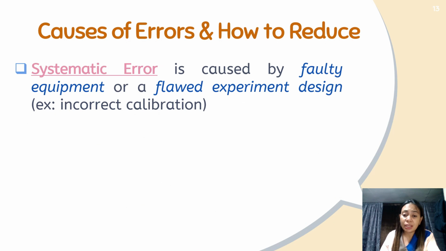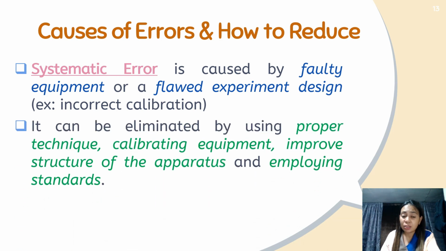Okay, for systematic error, it is caused by faulty equipment or a flawed experiment design. For example, from the start, some of the equipment or apparatus need to be calibrated first before using, so that we can minimize the error.